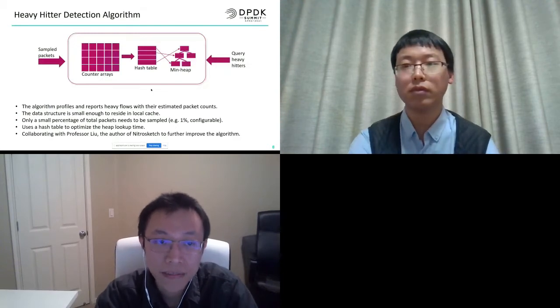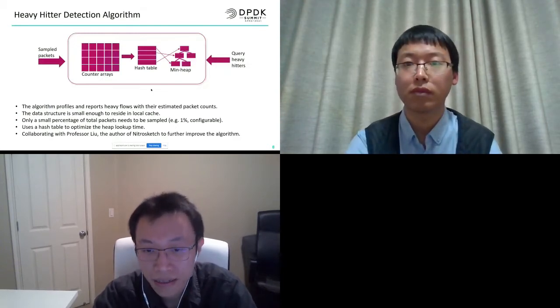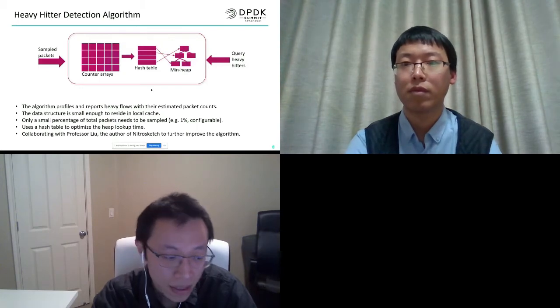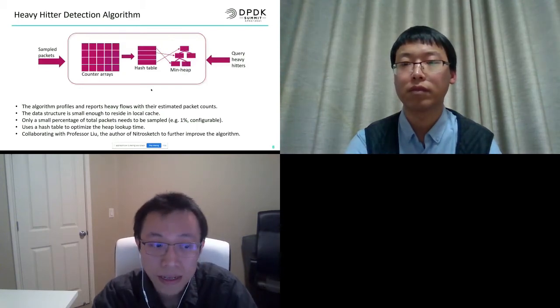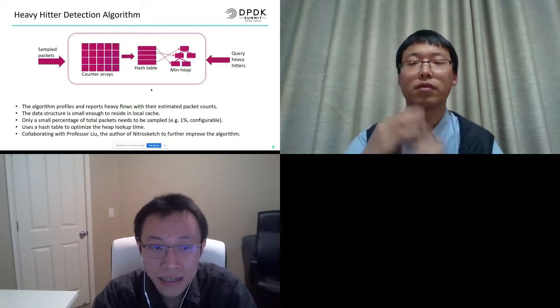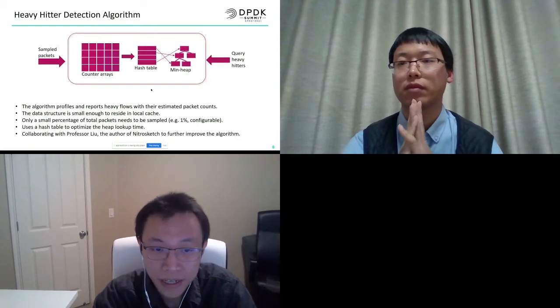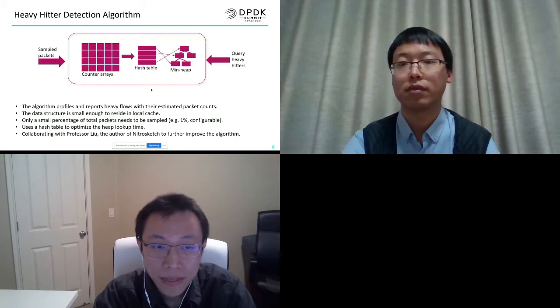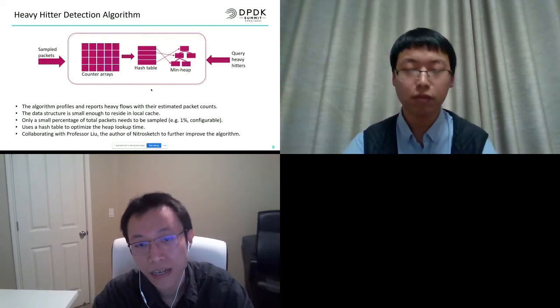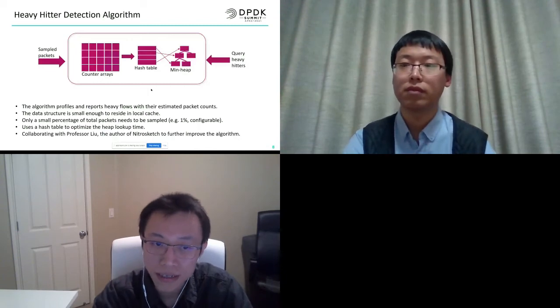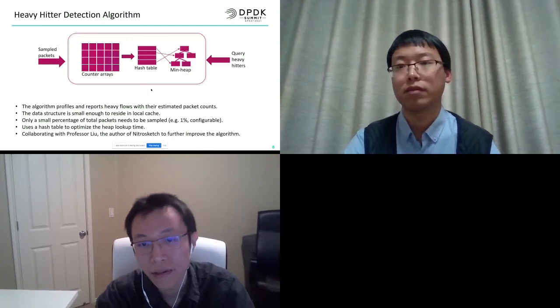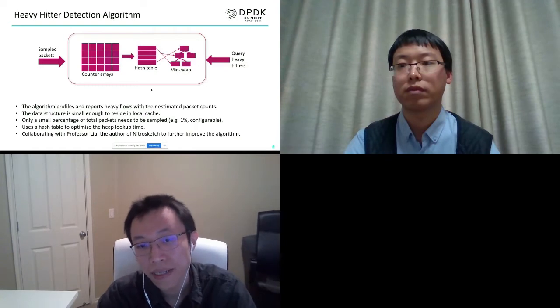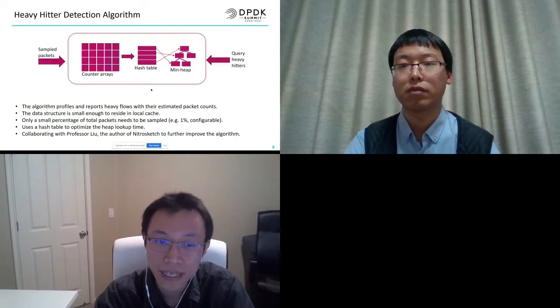The algorithm we put into the load balancer is based on NitroSketch, which is a state-of-the-art algorithm we found in academia. It was originally proposed by Professor Liu at the SIGCOMM conference, and it consists of a couple of internal data structures: a 2D counter array, a hash table to index into a min heap, and the min heap itself to bookkeep all the full keys of each heavy flow.